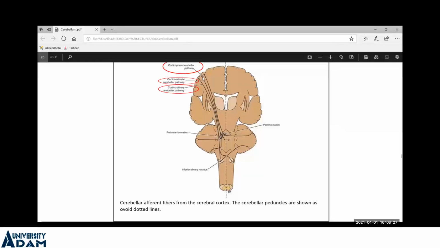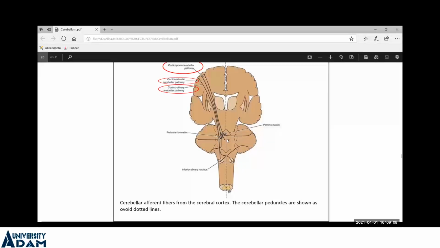Also, guys, it arises from nerve cells from many areas of the cerebral cortex, right? Because as you remember, the cerebellum has inputs and outputs from the cerebral cortex. So we can say that all these pathways are inputs to the cerebellum, okay? And this, guys, the corticoreticular cerebellar pathway, is a descending pathway, and it descends to terminate in the reticular formation on the same side and on the opposite side in the pons and medulla, okay?